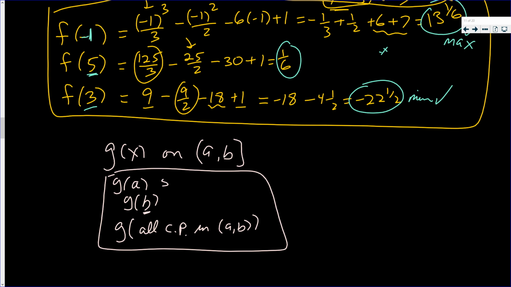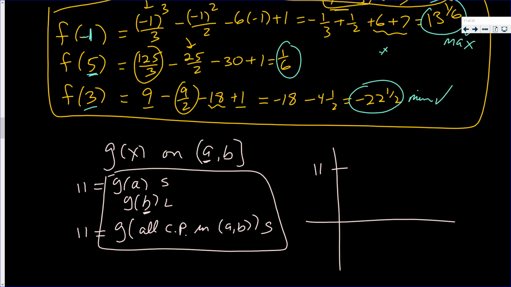If this is the smallest, we reject it because it's not included. If this is the largest, we include it. If g of A would have been 11, the smallest, and g of a critical point was also 11, then 11 will be the smallest. What type of graph would that be? Well, here's 11, and we said the smallest.